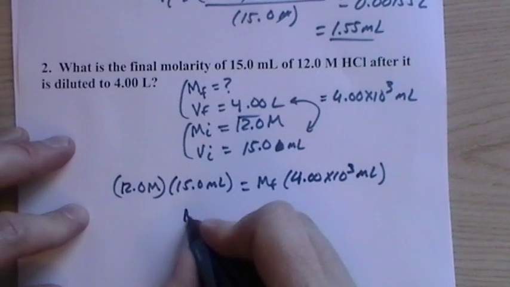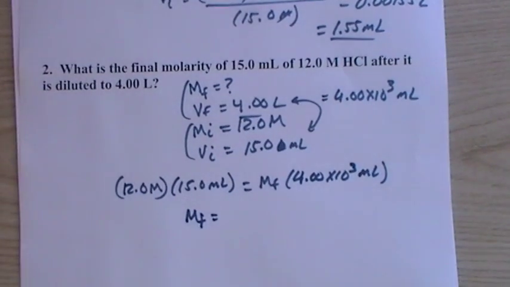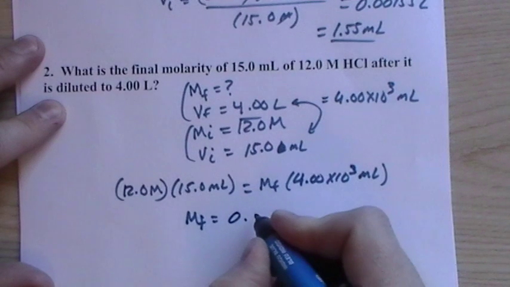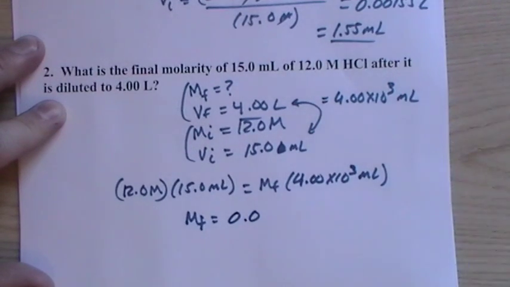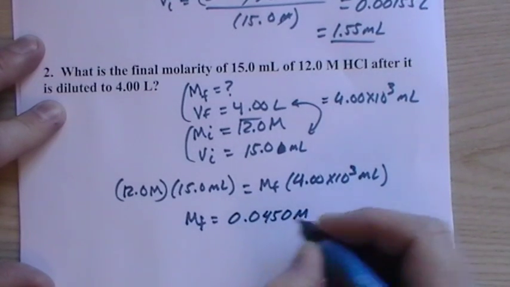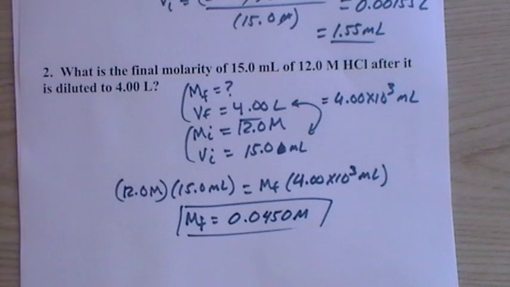So solving for the final concentration, we have 12 times 15 divided by 4,000. After we've diluted this from 15 mils, we've added enough water to dilute it to 4,000 mils. We should end up with a concentration of 0.045. I'm going to do it one more time, but that seems reasonable.